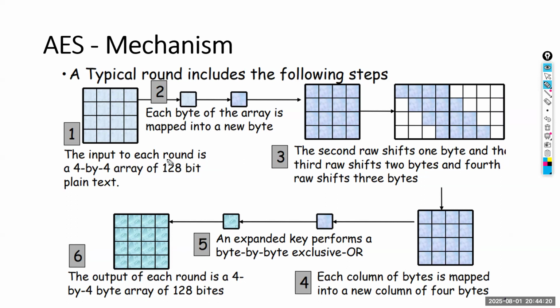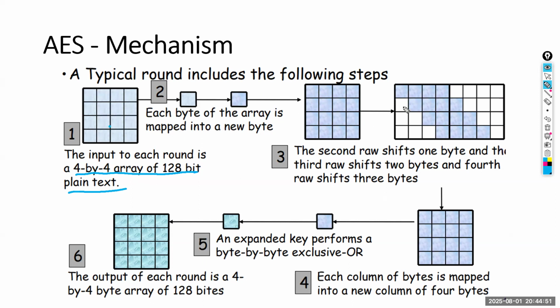So the input to each round is a 4 by 4 array of 128-bit plain text. You remember we process plain text as blocks. So when we use AES, we take the first block of plain text into a 2D array, and then we process it. During that processing, each row is shifted.